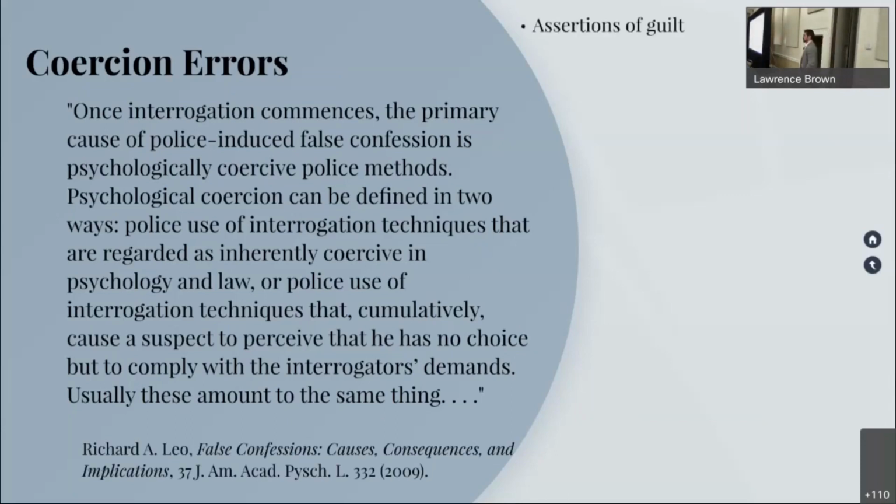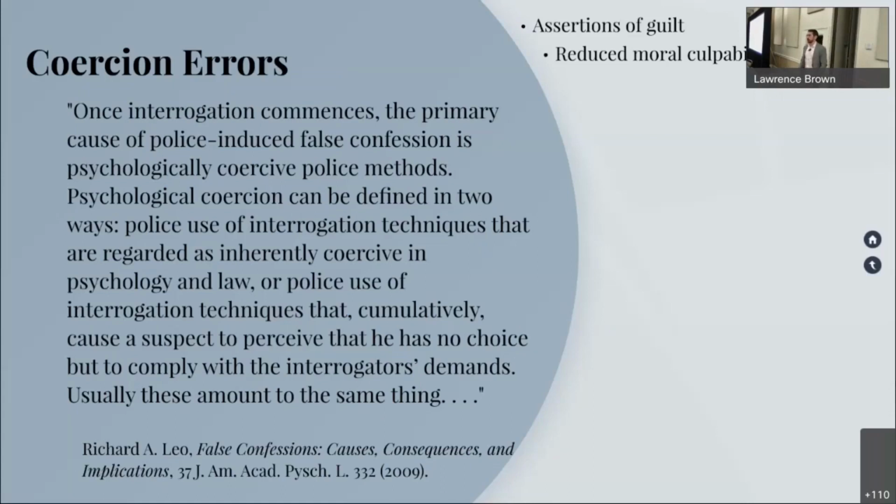This might look like assertions of guilt. We know you did it. At this point, I'm just trying to figure out why. Or it looks like a reduced moral culpability. You didn't kill the guy because you're a bloodthirsty murderer, right? You killed the guy because he had done you wrong and you have to represent.